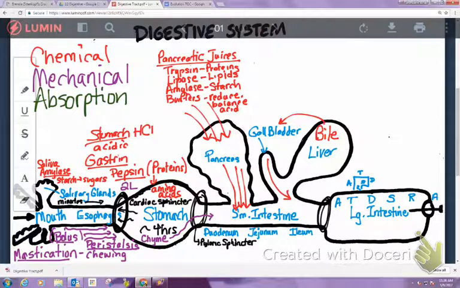The purpose of bile is to emulsify fats. In other words, you have a big droplet of fat and you want to break it down into little droplets, which can be absorbed. So, breaking down fats.